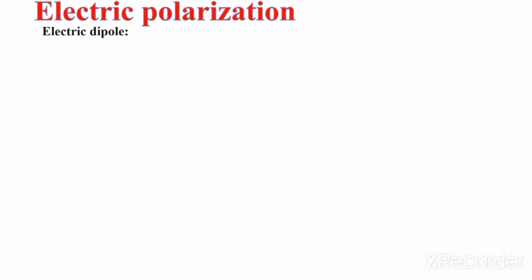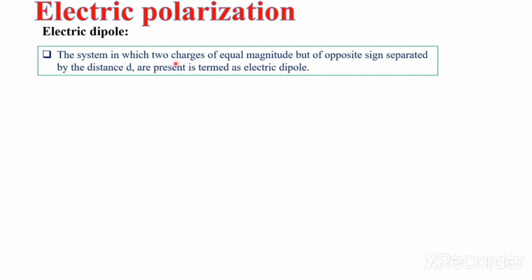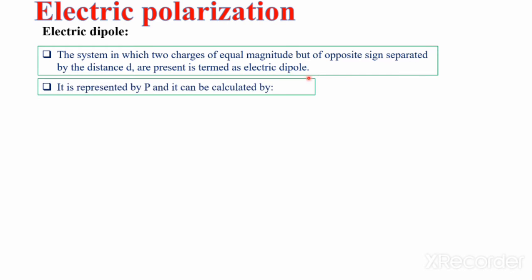Electric dipole. The system in which two charges of equal magnitude but of opposite sign separated by a distance d are present is termed an electric dipole. It is represented by p and it can be calculated by p equals q times d. Here q is the magnitude of charge and d is the distance between the two charges of the dipole, and p is a vector quantity.